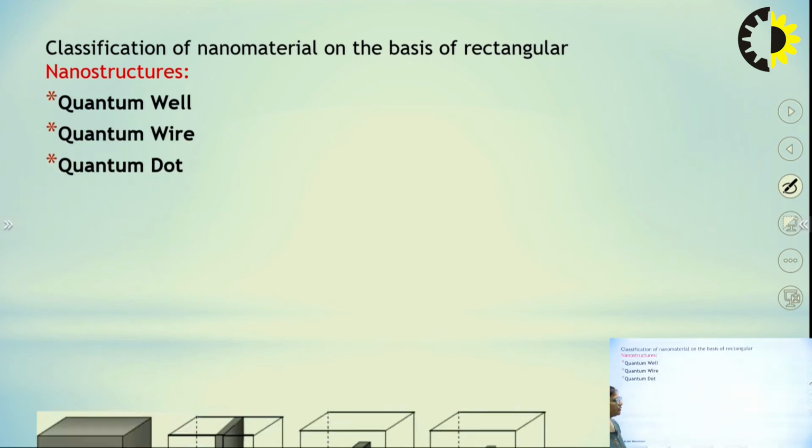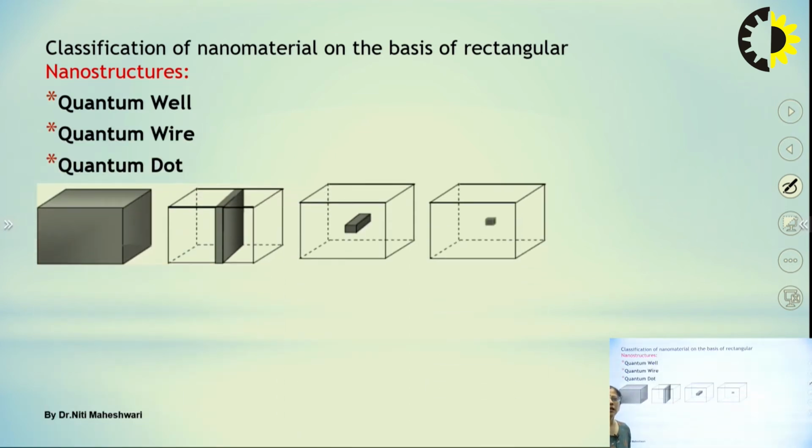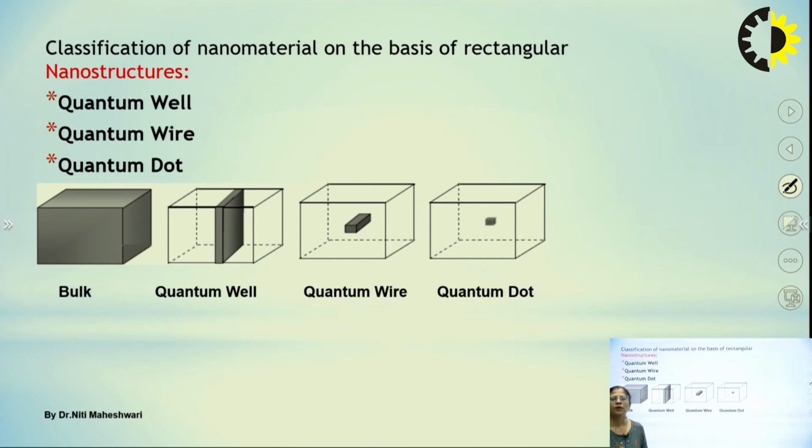Now, coming to the classification of nanomaterials on the basis of their dimensional size. These nanostructures can be divided into three. For example, this is the bulk material, the second one is the quantum well, the third one is the quantum wire, and the last one is the quantum dot.